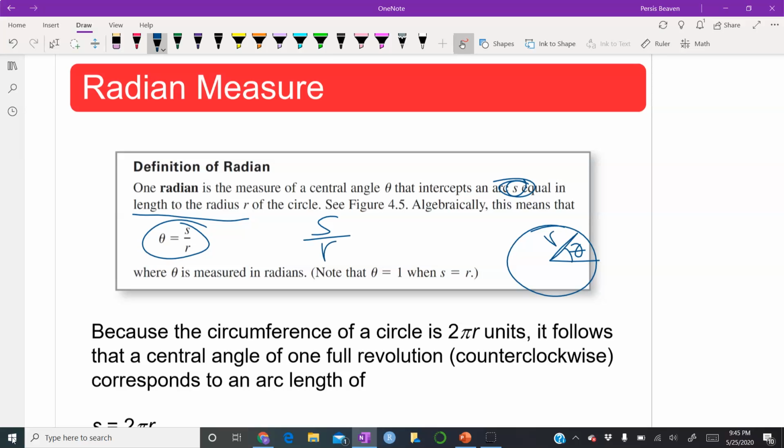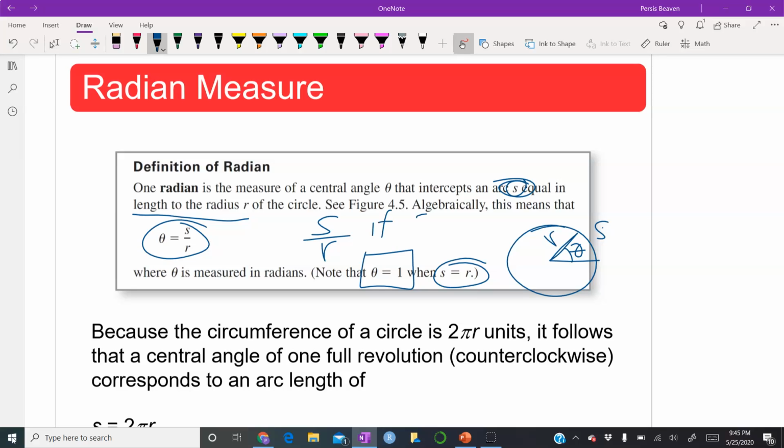So this is R and this is S. And so whenever the arc and the radius are the same, that is when we can say that the angle measure is equal to 1.